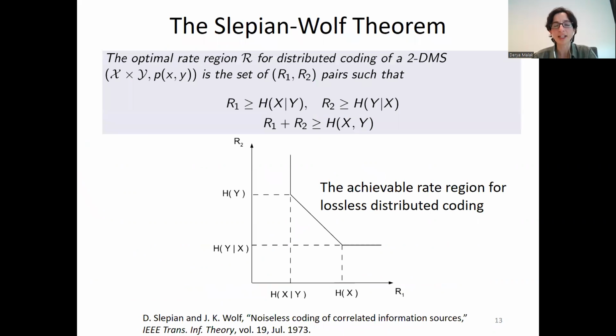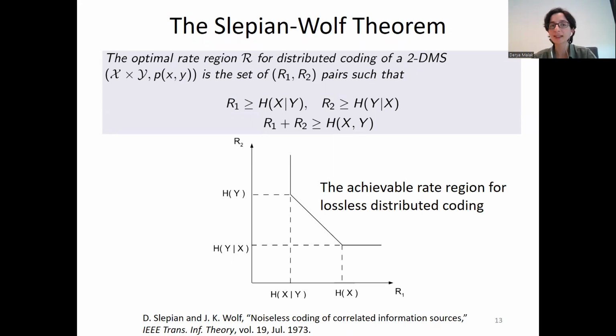So here, Slepian and Wolf have characterized the rate region for this problem, proving, using some very simple random binning arguments, that the rate of source 1 can be given by the conditional entropy of that source given the second variable, and similarly for the second source.